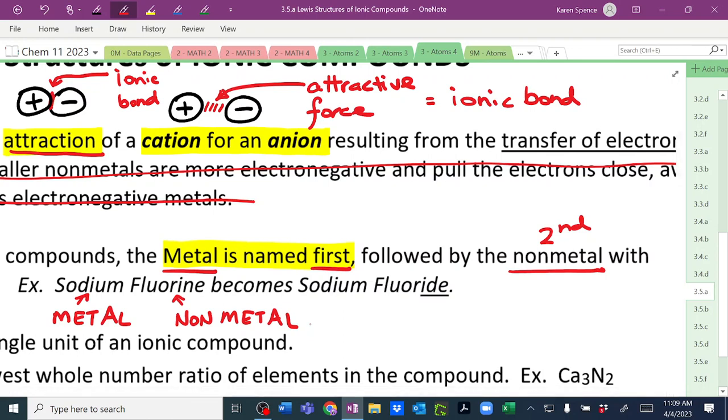And when we have an ionic compound, this is the sodium ion. And you'll notice that its ending is not "ide," because cations do not change to "ide."